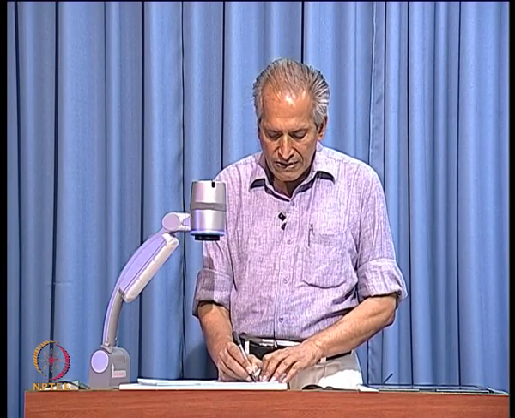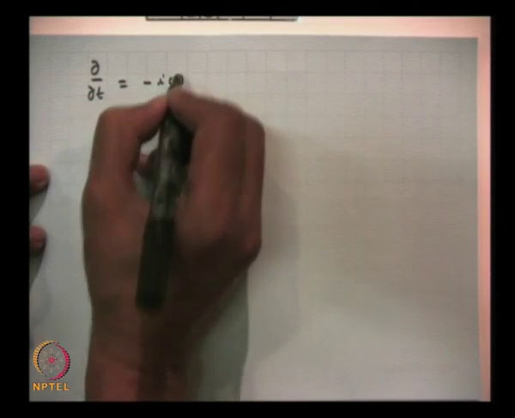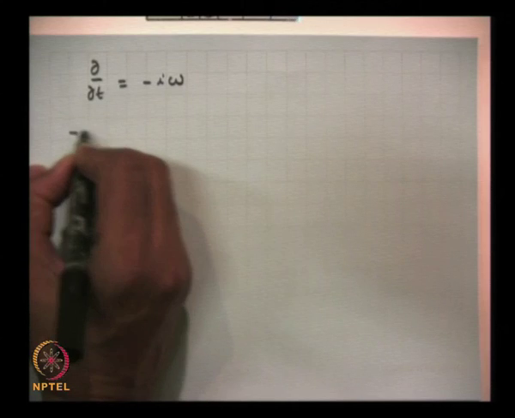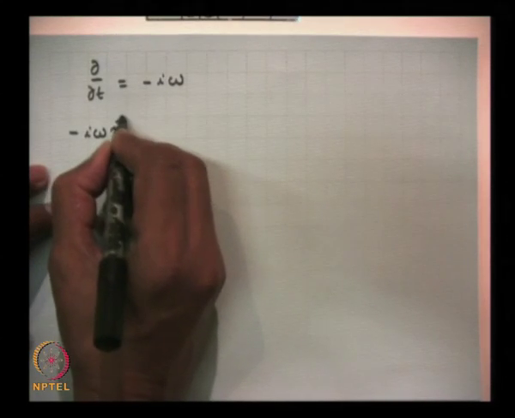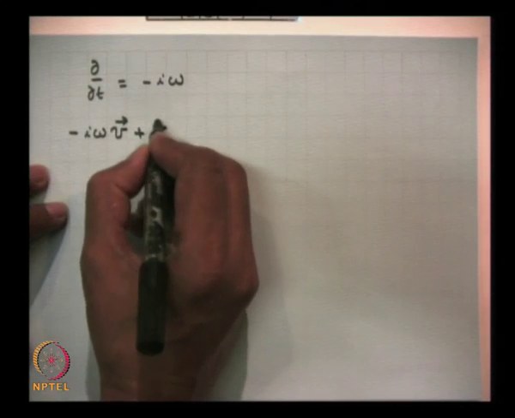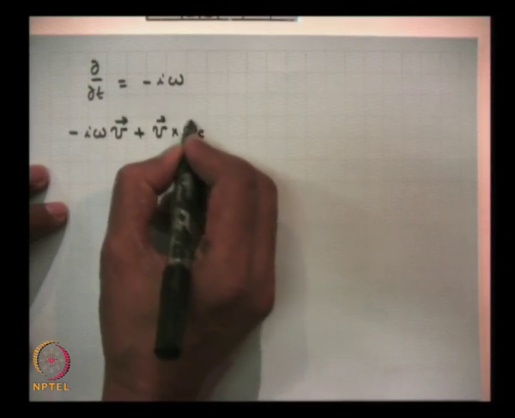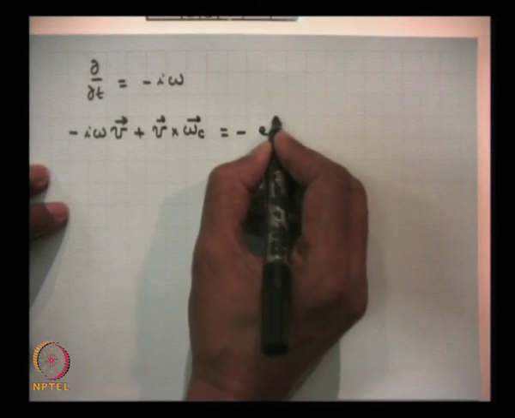So, by replacing delta t by minus I omega, my equation of motion becomes minus I omega V plus V cross omega c is equal to minus E upon m.